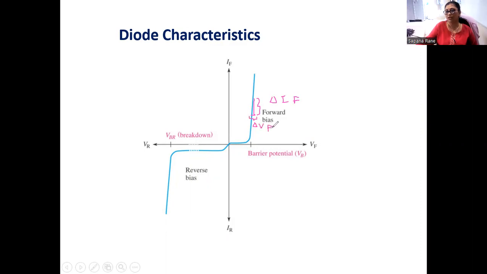So here we are going to define what is called the dynamic forward resistance. It is the forward resistance of the diode, and this forward resistance is indicated by RF. And this RF is given by delta VF upon delta IF, which is 1 upon slope.